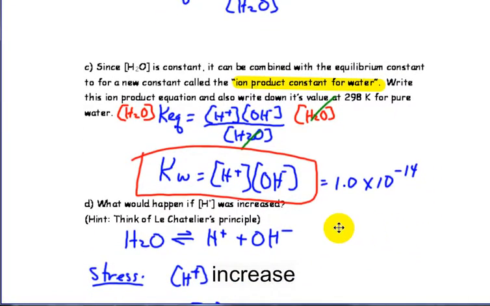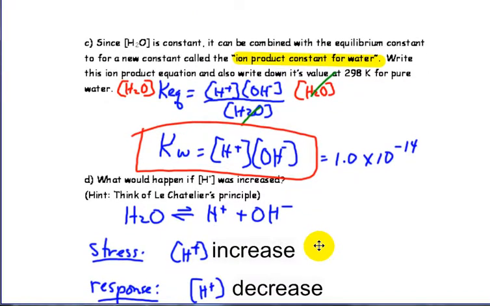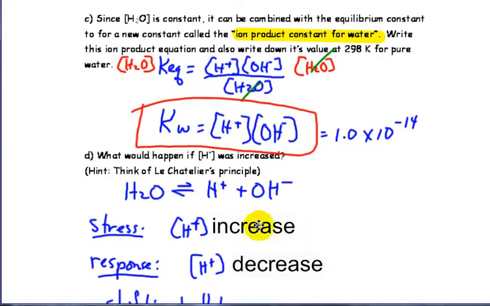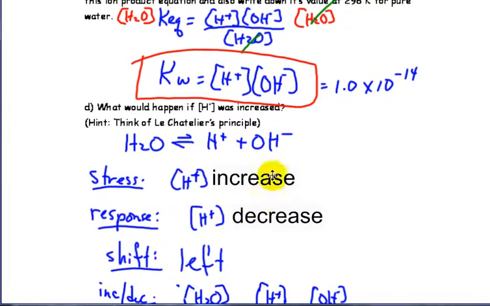Okay. If we look at how Le Chatelier's principle affects this, if we added something that had an acid characteristic, it gave off H plus ions. If we increase the H plus ions, of course, the response would be to try to decrease it, and it would do that by shifting to the left.